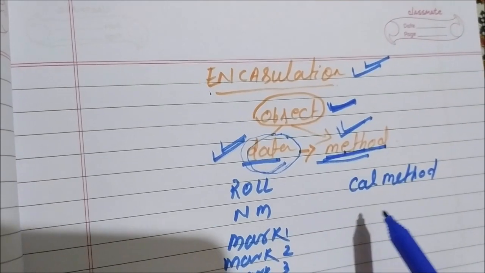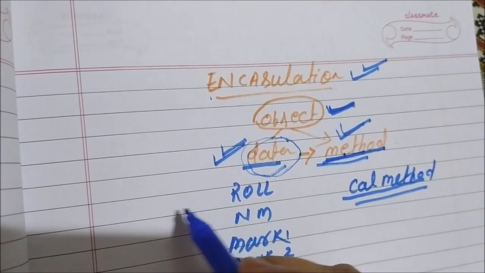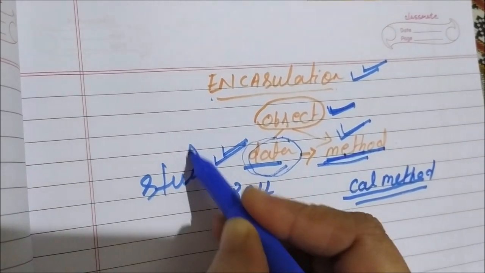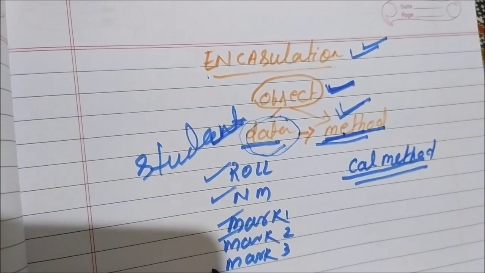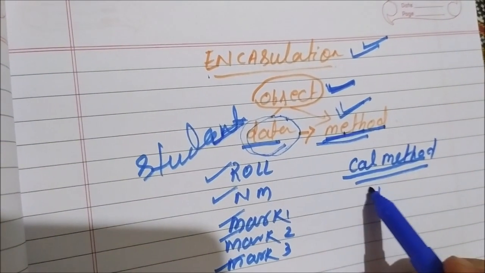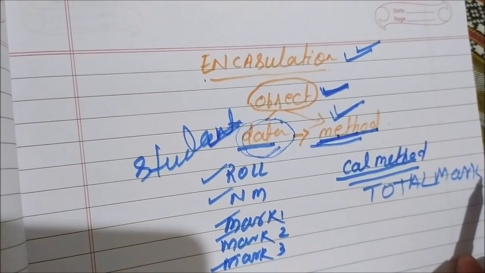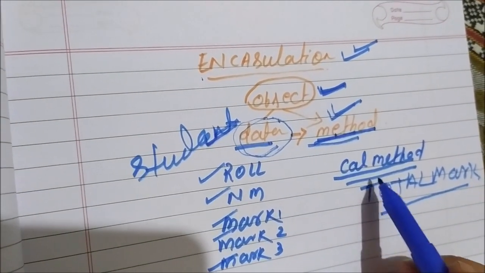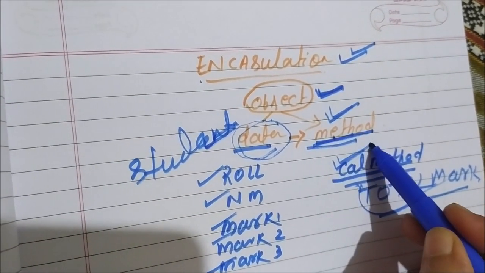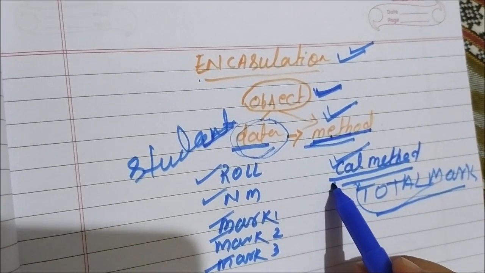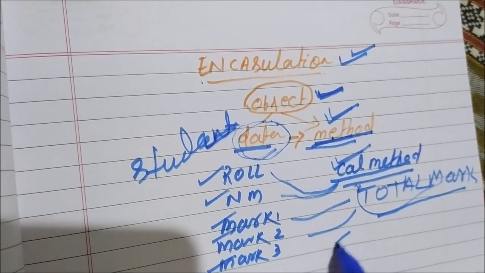How? Just look here. Suppose in a program we have a calculate method, and the object is my student, and the student object has roll number, name, mark 1, mark 2, mark 3. We want to find out the total mark. This total mark has to be calculated by the calculate method, and that needs the data: roll number, name, mark 1, mark 2 and mark 3.